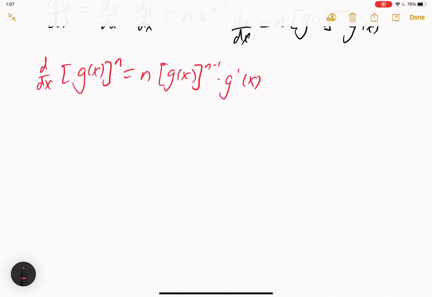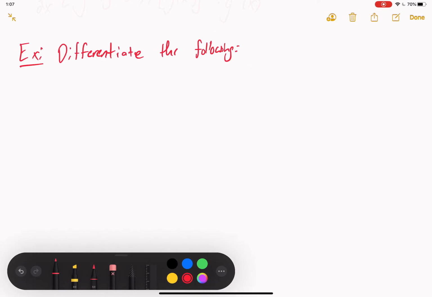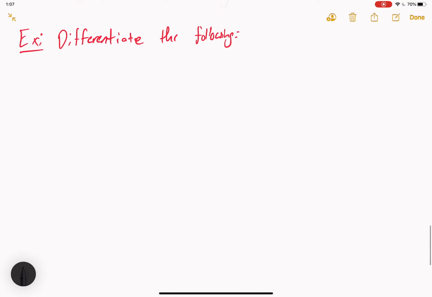So now let's take a few derivatives. Let's use some more examples of this case.